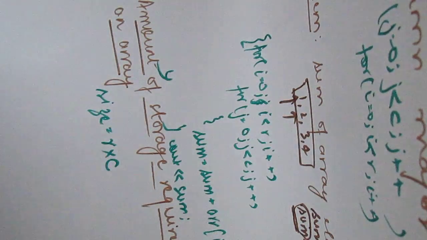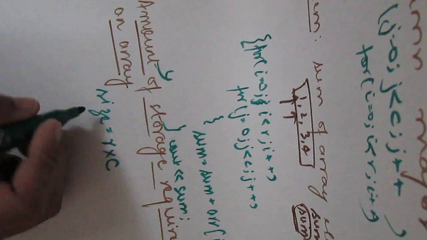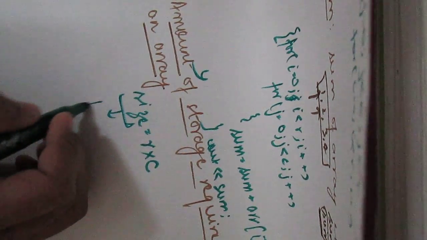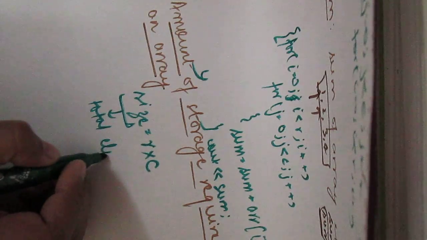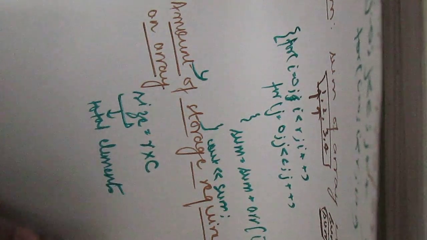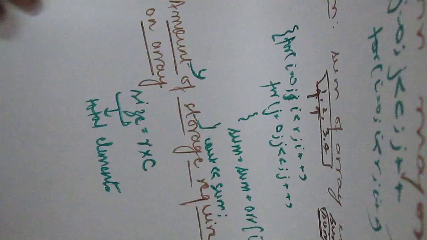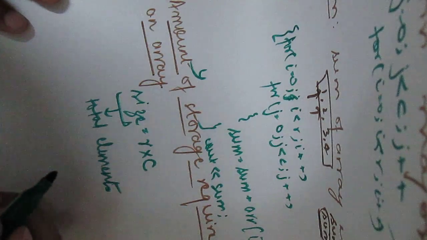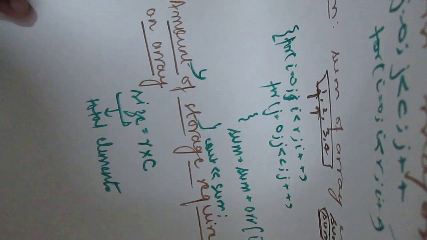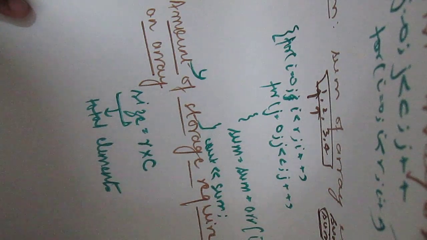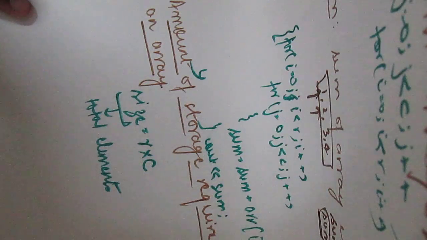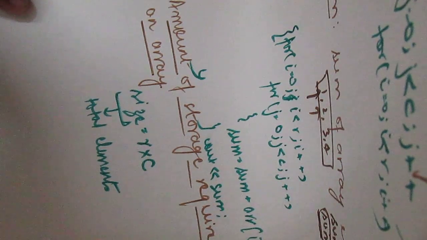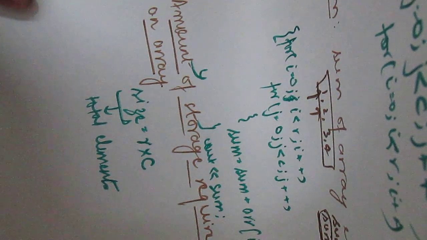So the size of the two-dimensional array is actually the total elements that are present in the array. Okay. So if we know that each element occupies x amount of space, then the total number of elements multiplied by x gives the total amount of storage required to store the entire array. Okay.